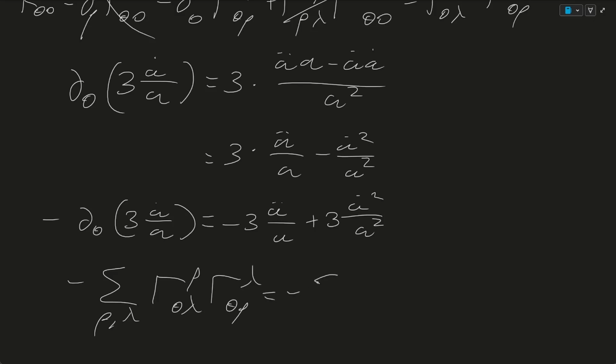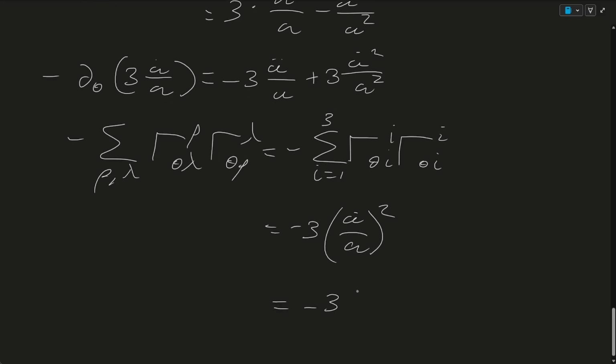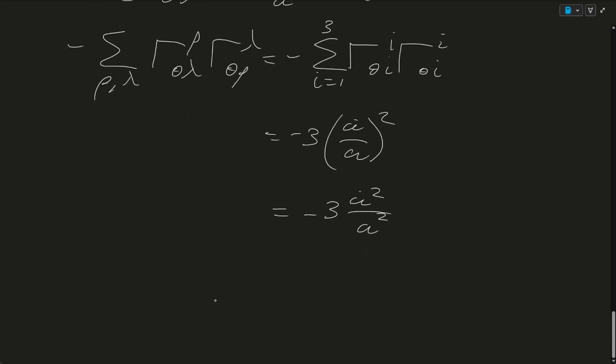That's just minus, it has 1 to 3, i. That's minus 3, it's just going to be a dot over a squared.